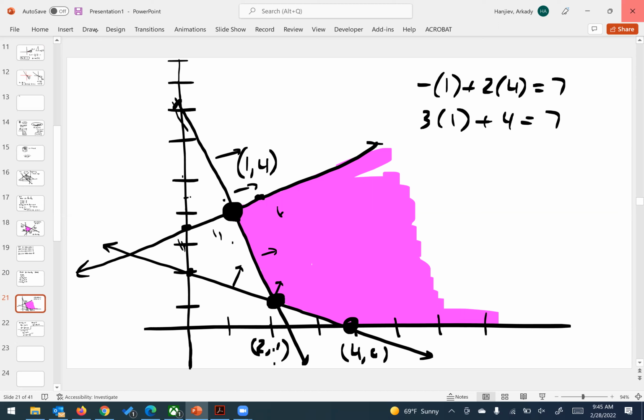Okay. With that said, what's our maximization equation? Anybody? 4x plus 2y. Okay, so what we're going to do is plug in 1, 4, 2, 1, and 4, 0, and you should find out that the answer for this one is going to be 4, 0.